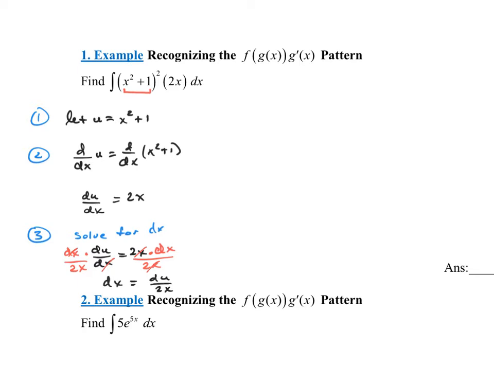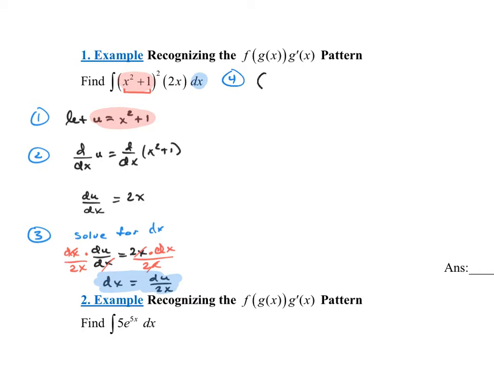Okay? So this is really important for us. Let me highlight this part right here. Here's dx. And I'm going to highlight this part right here. Here's u. And now the fourth step is to rewrite the integral in terms of u's and du's.